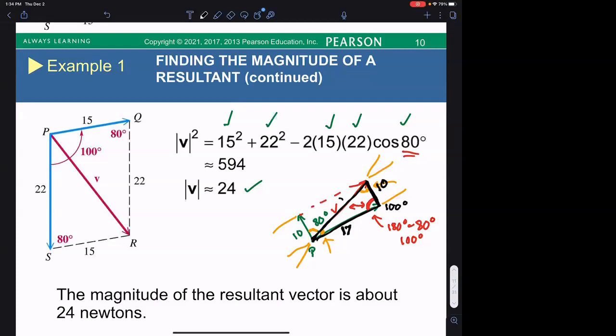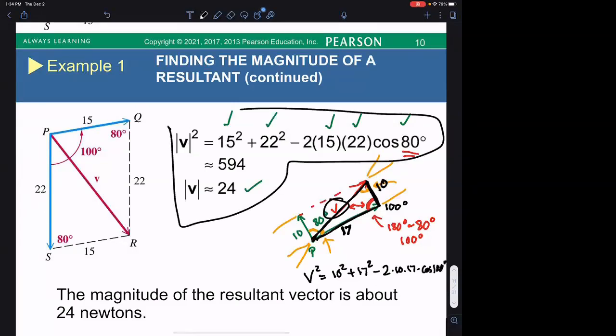We can use those to find the length of V. V squared is equal to 10 squared plus 17 squared minus 2 times 10 times 17 times cosine of 100 degrees. Like they did here, we would solve that for V, and that gives us the magnitude of the force vector created by the other two forces pushing on the object. Questions?